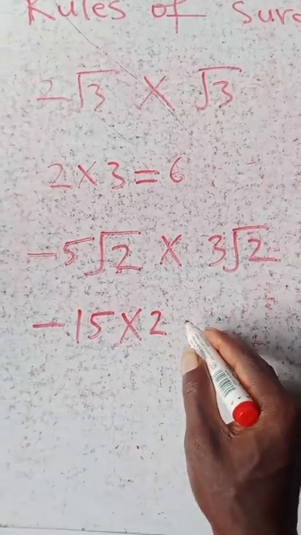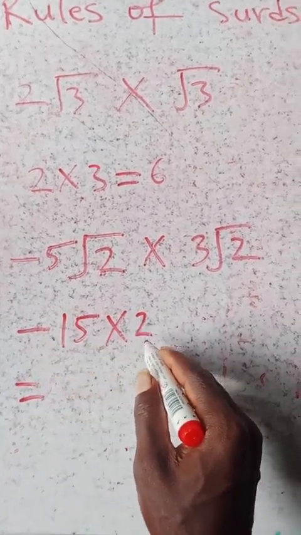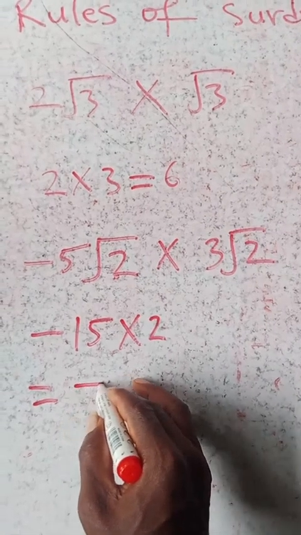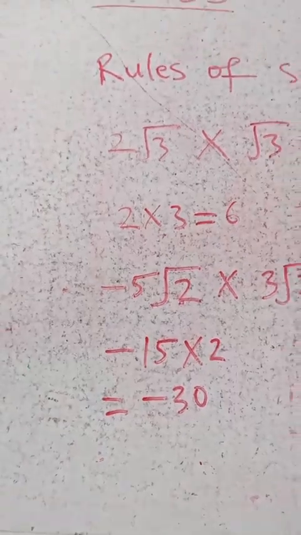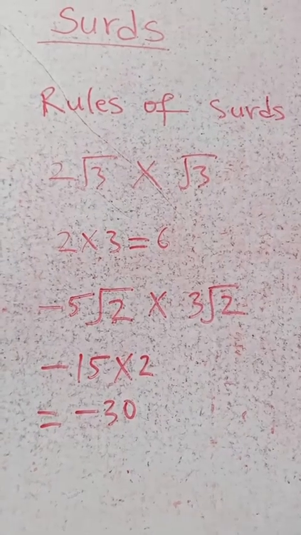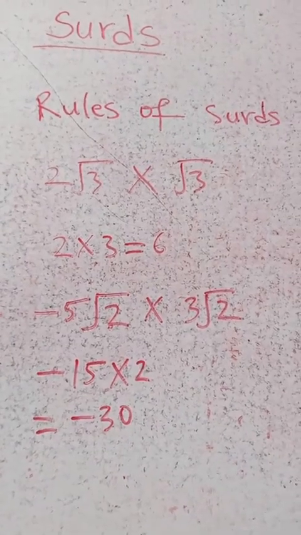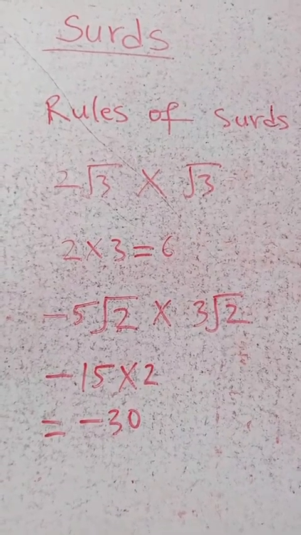So this means minus 15 times 2, which is minus 30. Okay, having understood these rules, you are good to solve any kind of problem.